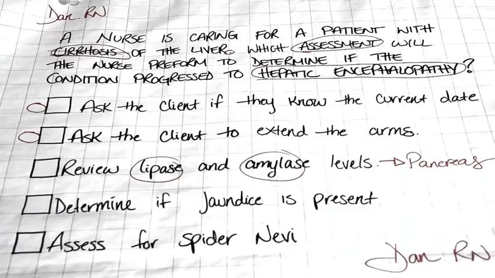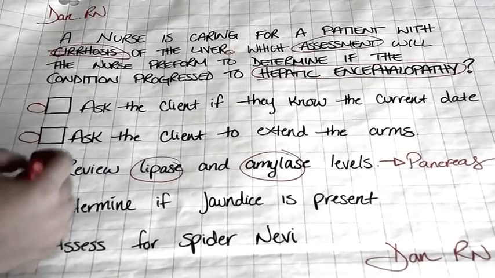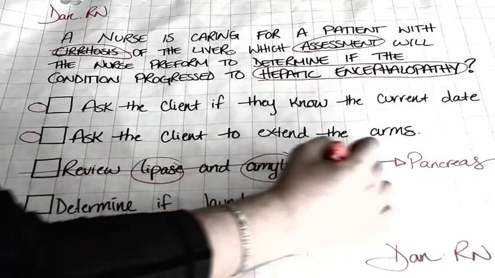So we won't be assessing for any hepatic pathophysiologies. If you know you're answering a liver question and you get lipase and amylase, you know they are pancreatic enzymes and have nothing to do with the liver at this point. So we're going to eliminate this answer choice.